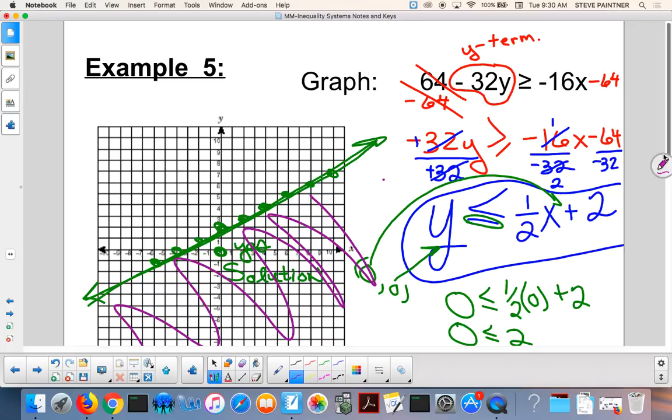Oh, you divided. This is multiplication, right? How do you get rid of a multiplication? Division. It was negative 32, so I divided by a negative 32. I put a plus there because a negative divided by a negative is a positive y. That's what I did. Do you get what I did? Yep.